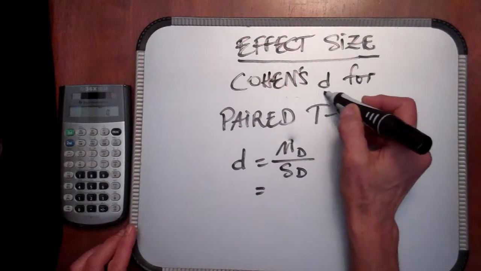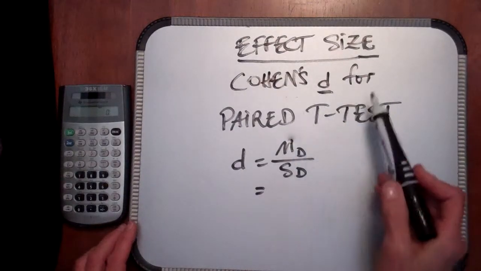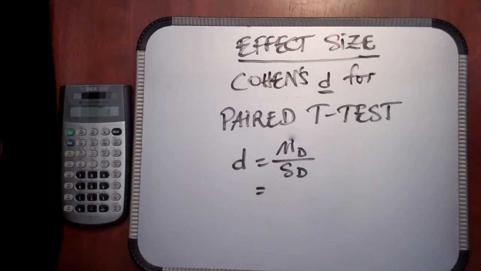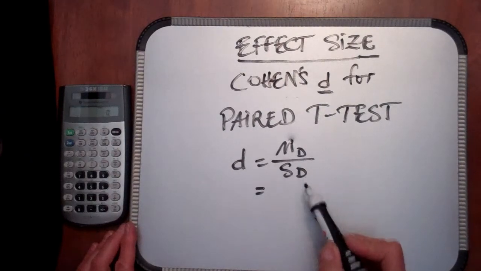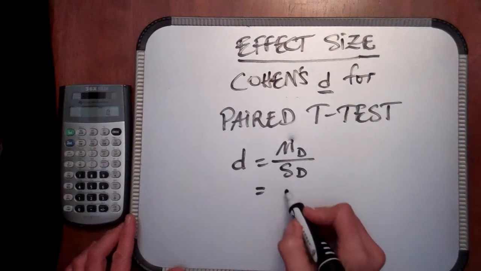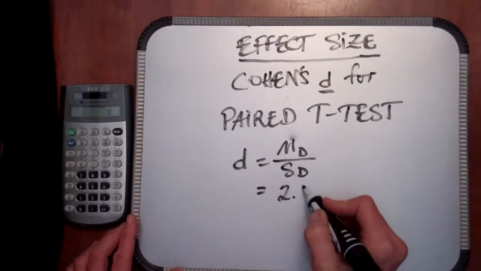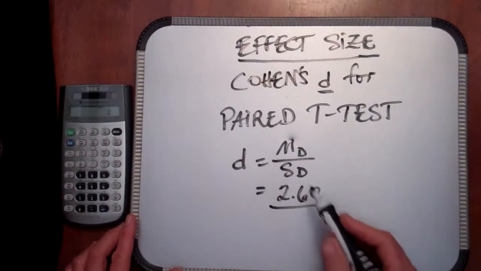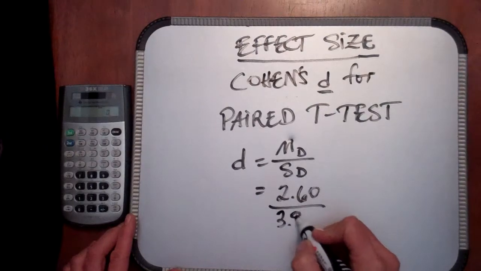So you conduct a Cohen's d for the paired t-test. And the Cohen's d for the paired t-test is a very simple calculation. It's simply the mean difference between groups divided by the standard deviation of the mean difference. And we've calculated these already, and you should see in your notes that the mean difference was 2.60, and the standard deviation for that mean difference was 3.84.